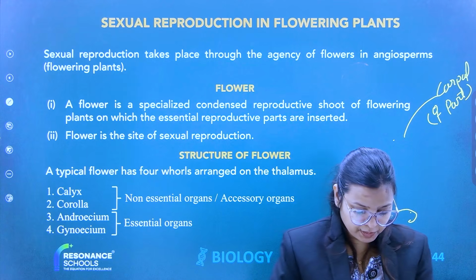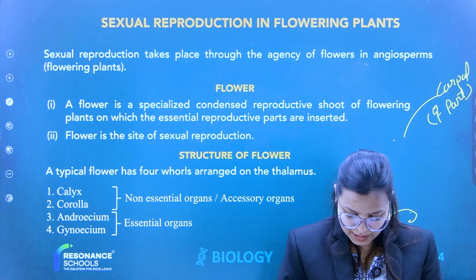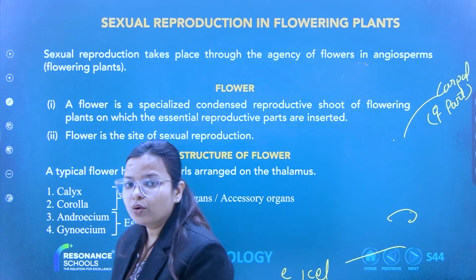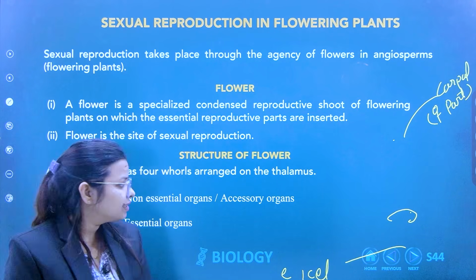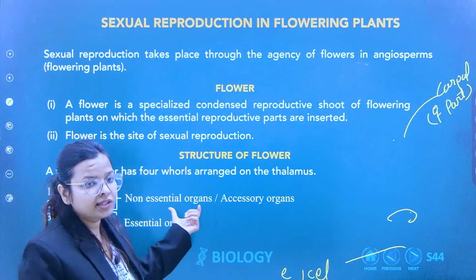Petals attract insects for pollination. Very good. So you have both told the functions, and these organs perform very good functions, but still they are called non-essential.